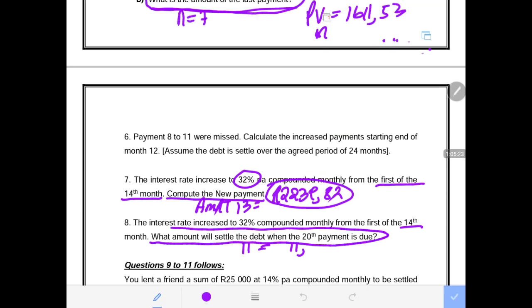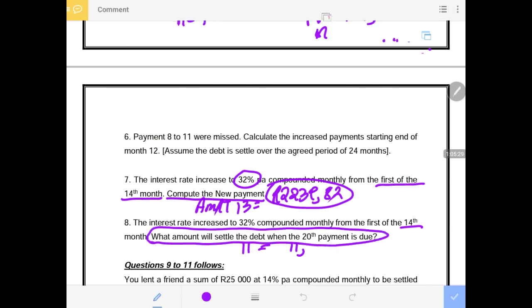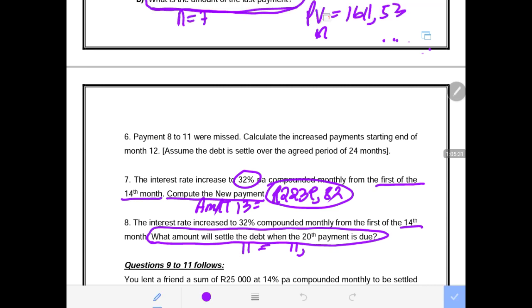That means we're looking for the balance before the 20th payment was made. If we say amort 7, we get the balance after the 20th payment was made. Then we need to add back the 20th payment so that we get the balance before the 20th payment was made, so that we get the balance when the 20th payment was due.